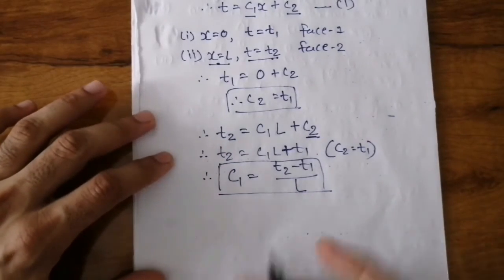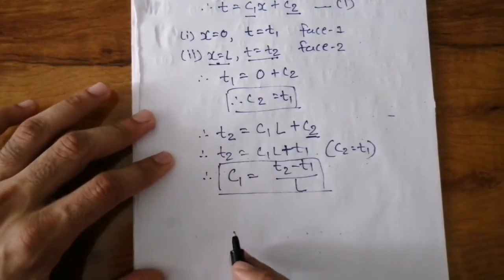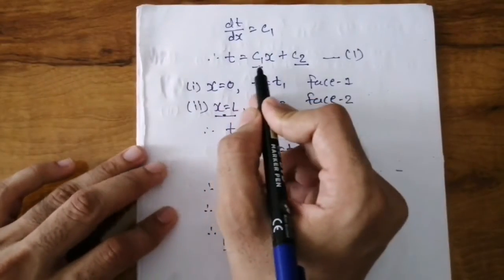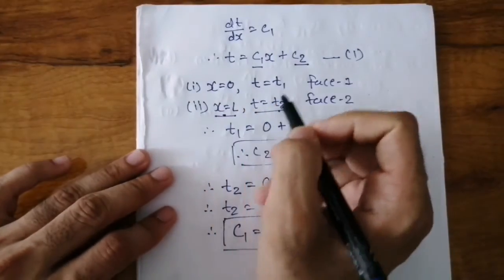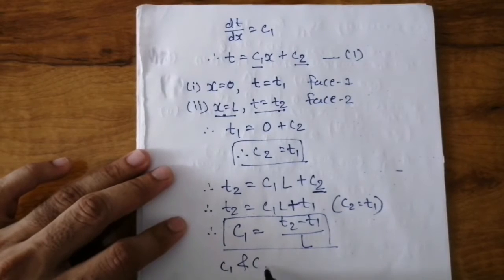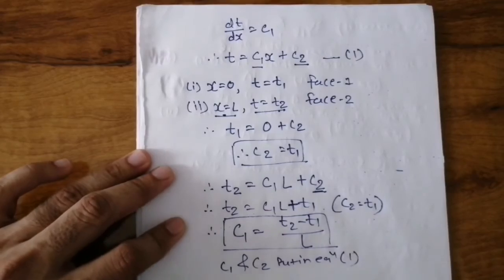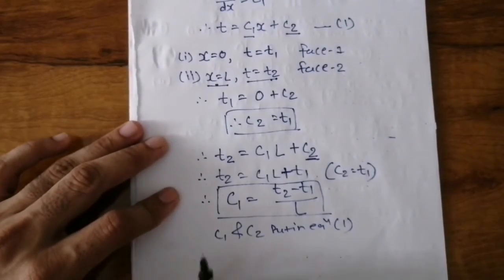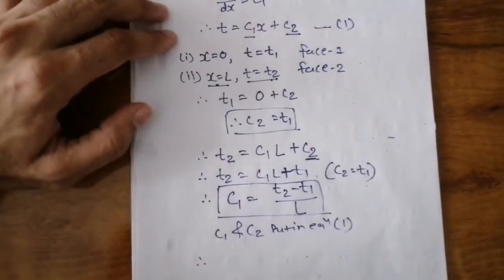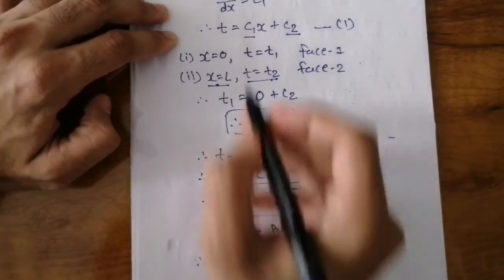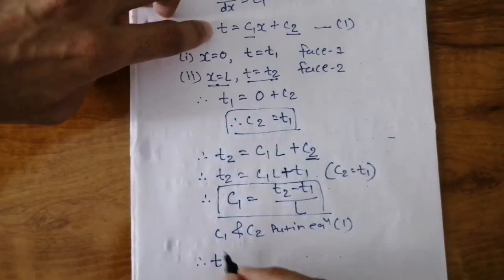Now that value of the C1 and C2 arbitrary constants, we just put in this equation: T is equal to C1x plus C2. So we put C1 and C2 in equation number 1. T as it is equal to, what is C1?